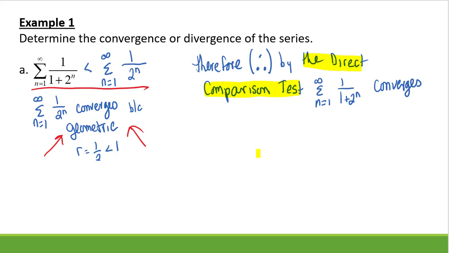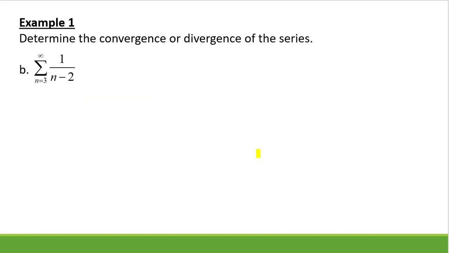Okay, the next example. Again, kind of take away anything that's in the bottom. So I'm going to compare this to 1 over n. Now we know this is a smaller denominator, so it's going to be larger. So now I have a smaller series. What do we know about that smaller series?